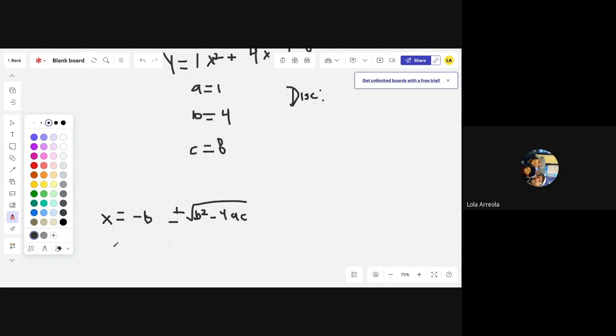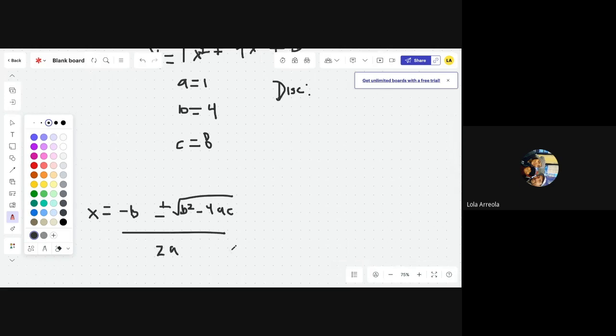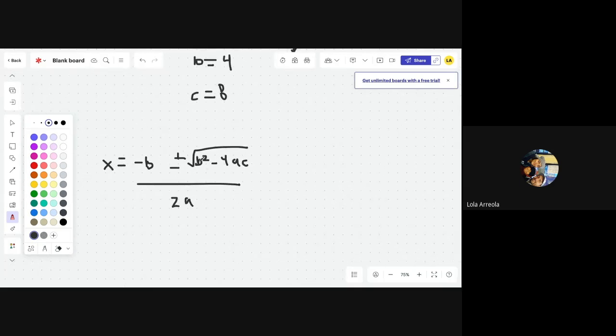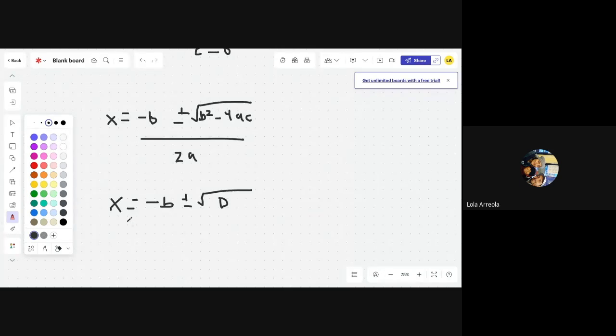Not 4 plus a plus c, 4 times a times c. All over 2a. So the discriminant is just this part. Let me write that down. x is equal to negative b plus or minus the square root of the discriminant. Everything inside the square root, not including the square root itself, is the discriminant.